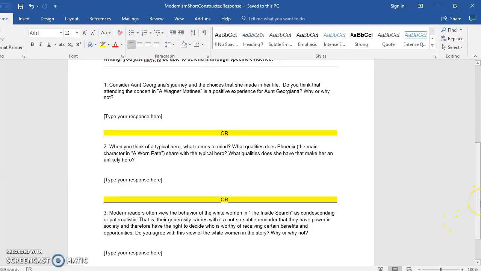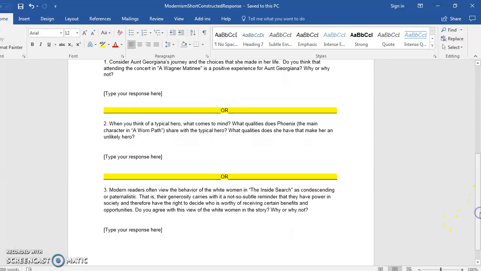Where you're taking your stance here is when you're defining what a typical hero is. And then you have to explain how Phoenix fits into that definition of a typical hero, or how she does not fit into that definition of a typical hero.